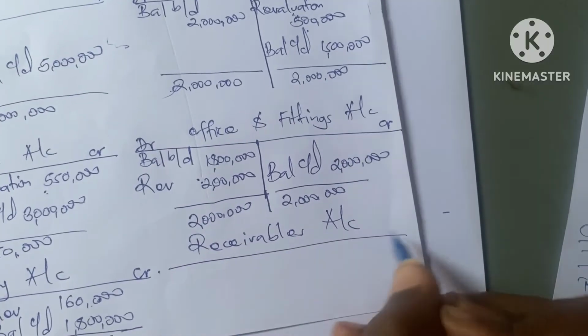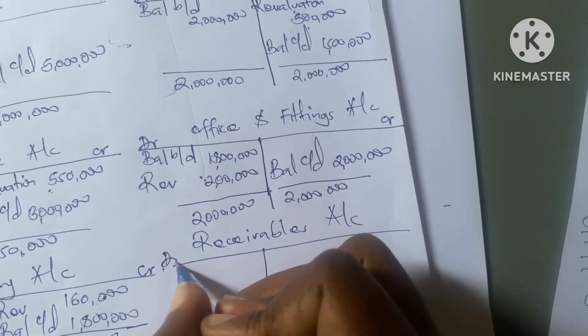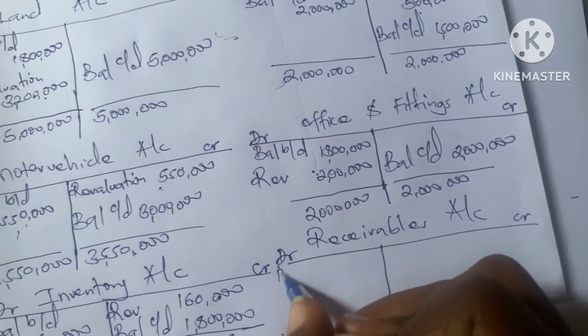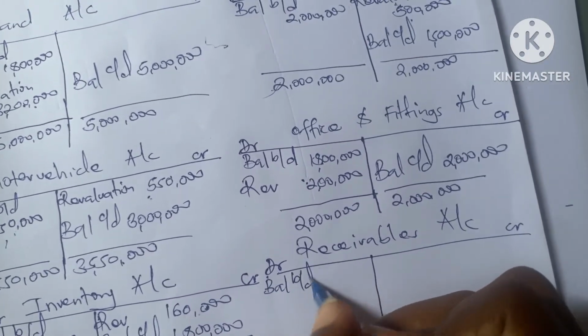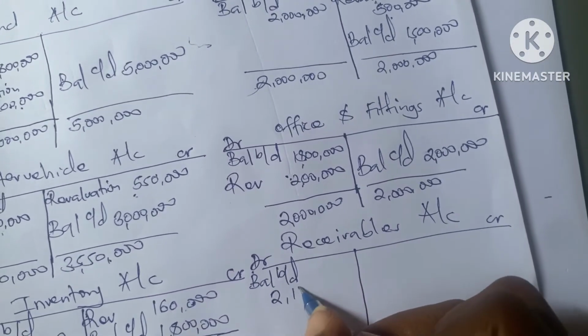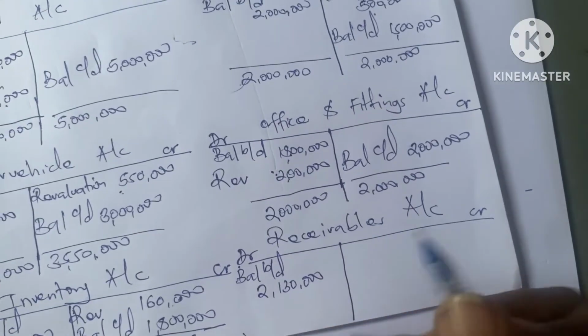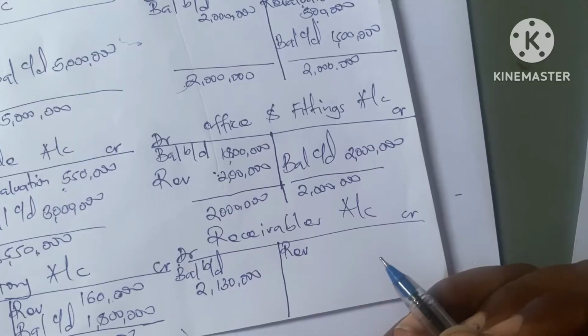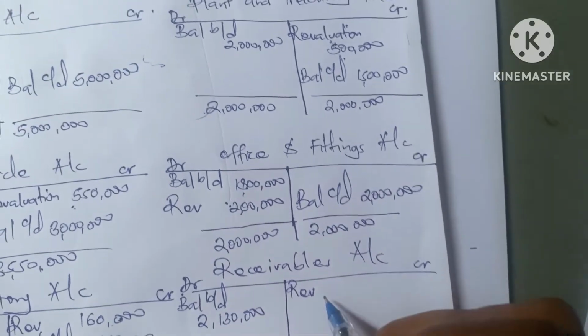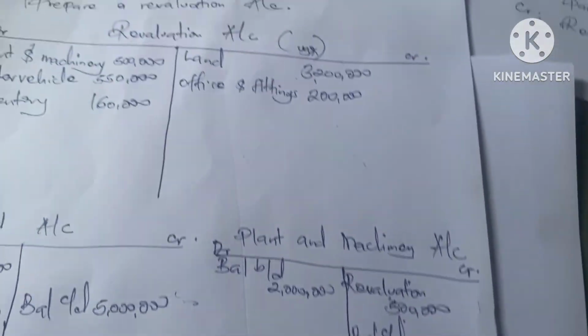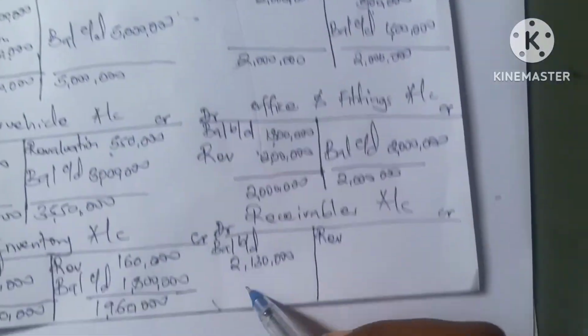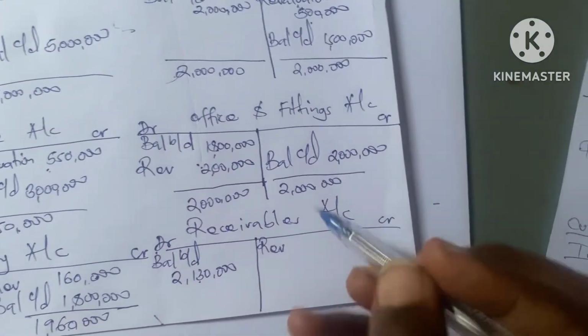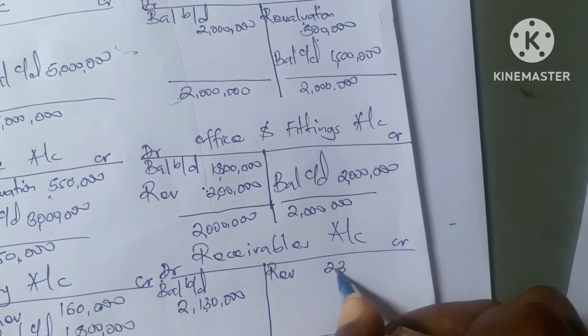Receivables account, debit, credit. So balance brought down, it is 2.130. Then there was a decrease, so we credit it. Revaluation to 1.9. So this minus 1.9, what you get is 230.